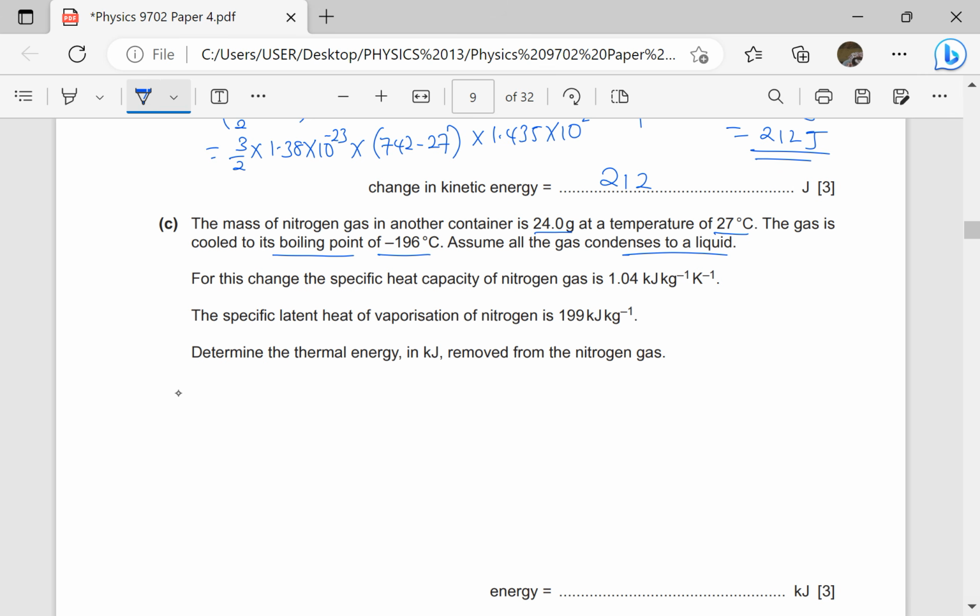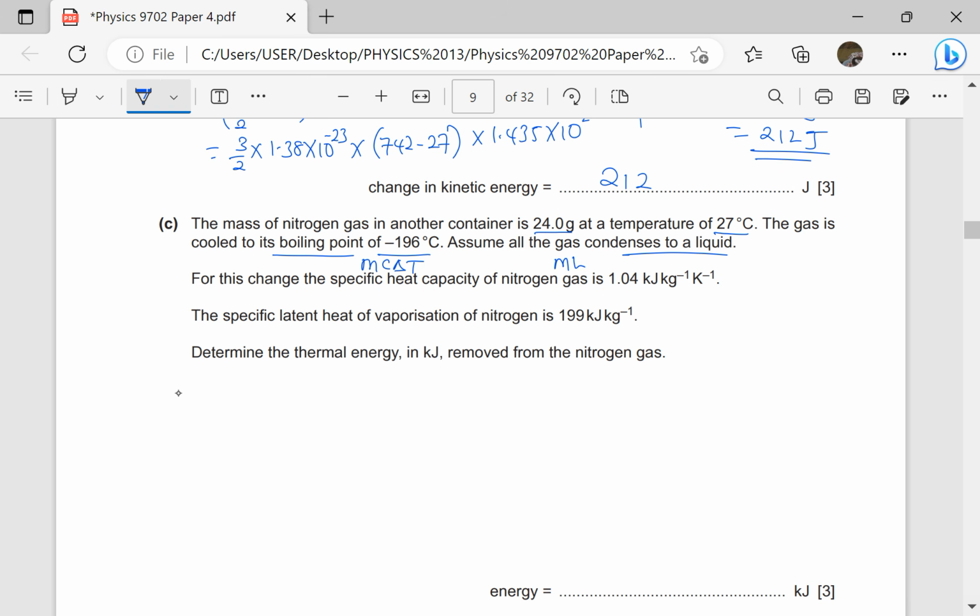When there's a change in state, the temperature remains constant. So first of all, there's a change in temperature, and when there's a change in temperature, the amount of heat is given by mc times delta change in temperature. And when there is no change in temperature, or when there is a change of state, the amount of heat is given by m times the latent heat.